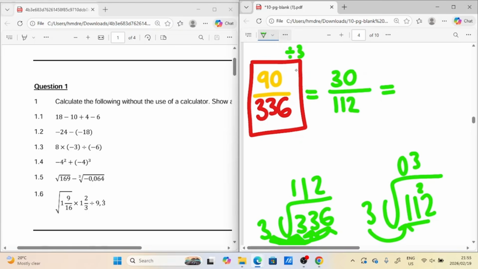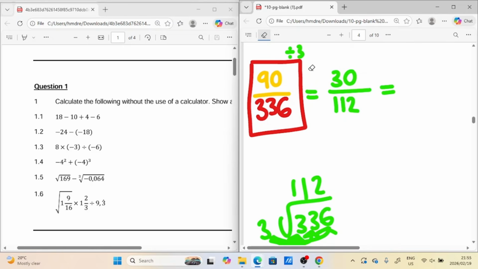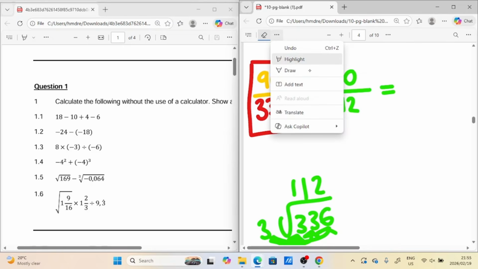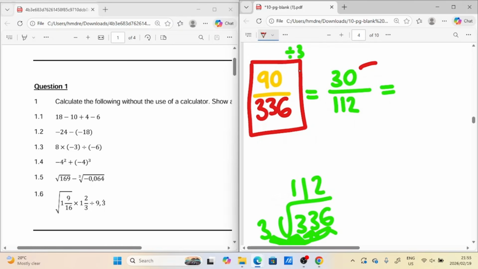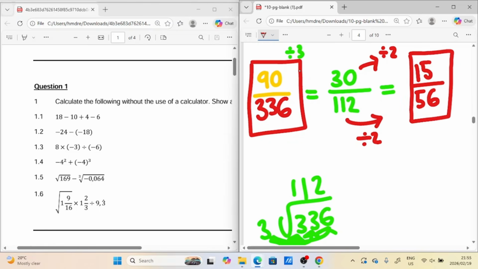Okay, so it actually doesn't go into 3. So then your next step would be, I would divide them both by 2. Okay, so 30 divided by 2 is 15. 112 divided by 2 is going to be 56. And I think that is as far as we can go for this one. That is our final answer for this one.